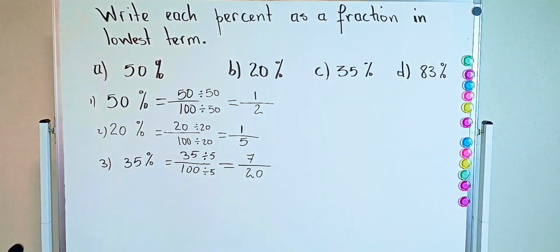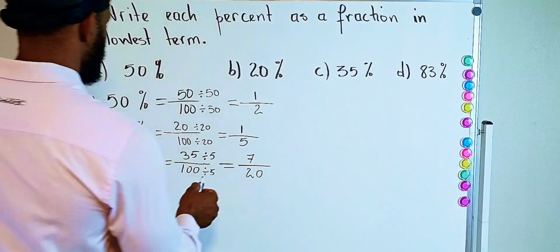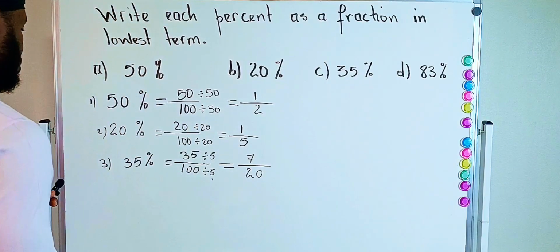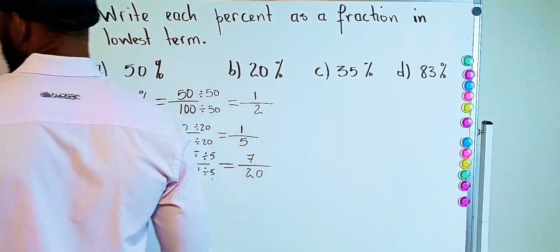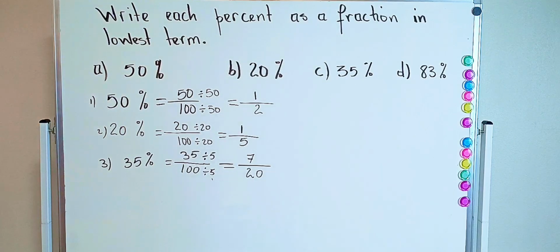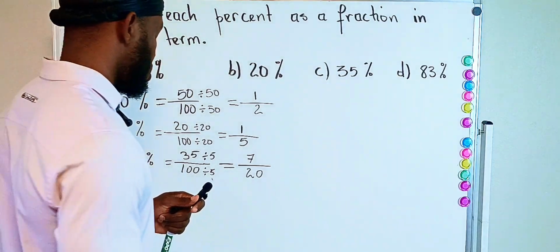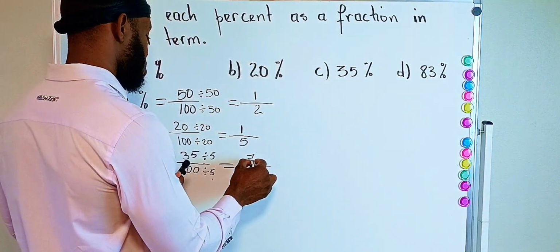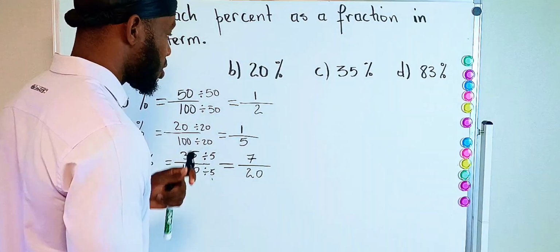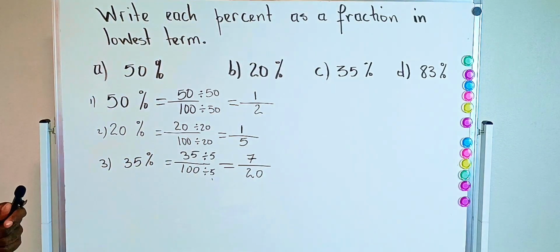Okay, 7 over 20. Then once we multiply this, it's gonna be 100: 5 times 0, 0; 5 times 2, 10, 100. So do you guys understand that? Now 7 over 20 is the lowest term of the fraction equivalent to 35%.